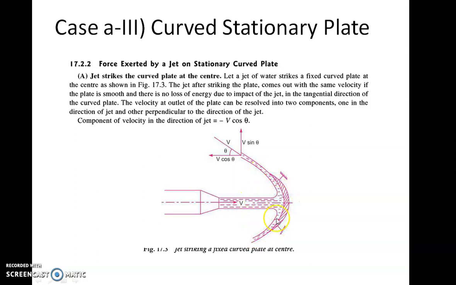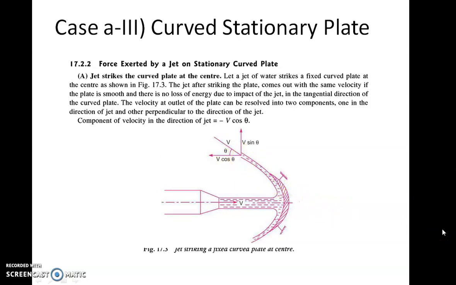Combiningly, m1 dot plus m2 dot will be again m dot after striking, and before striking it is again m dot. So the mass flow rate will remain the same. So v cos theta and v sin theta are the velocity components. The theta is the angle made by the jet with the horizontal.